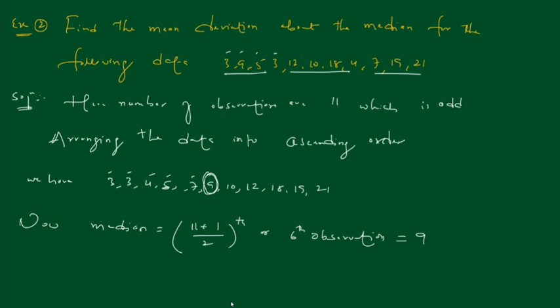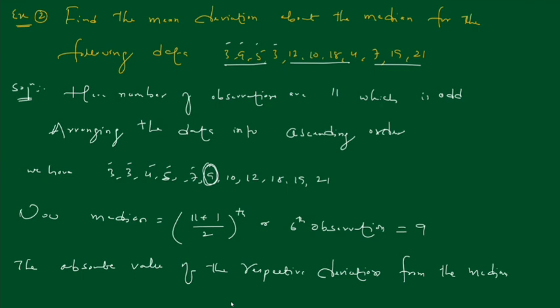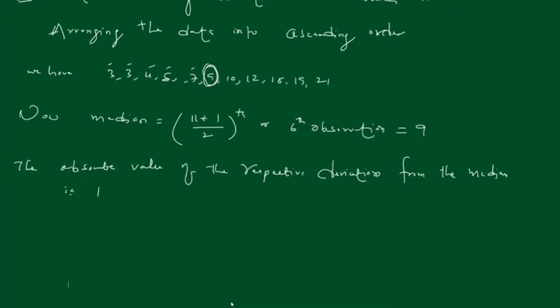So now we have to find the absolute value of the respective deviation from the median, that is mod xi minus m.